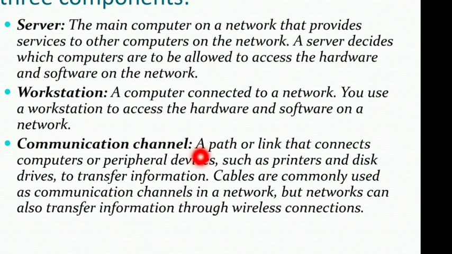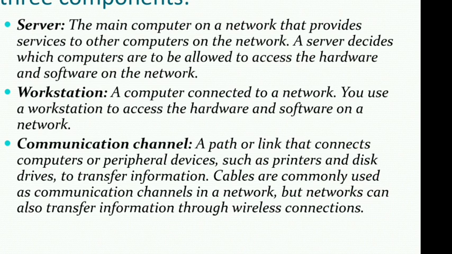Communication channel: a path or link that connects computers or peripheral devices such as printers and disk drives to transfer information. Cables are commonly used as a communication channel in a network, but a network can also transfer information through a wireless network. The communication channel could be anything.